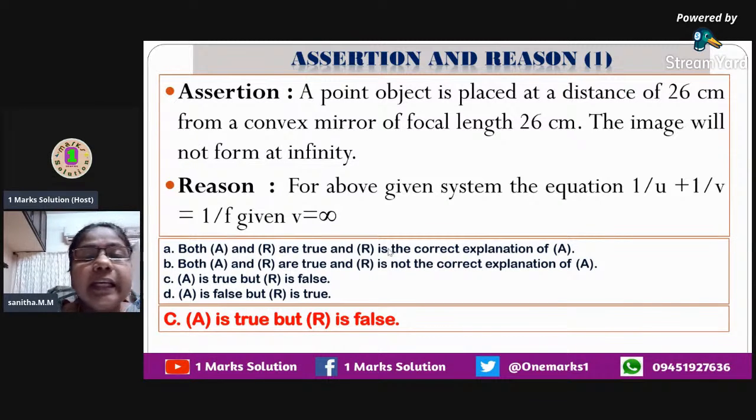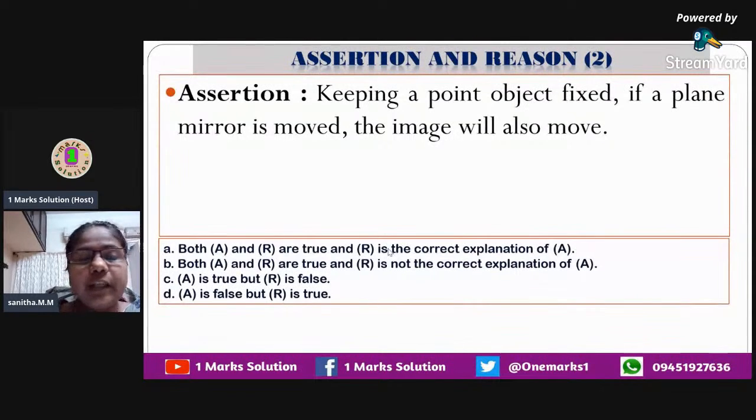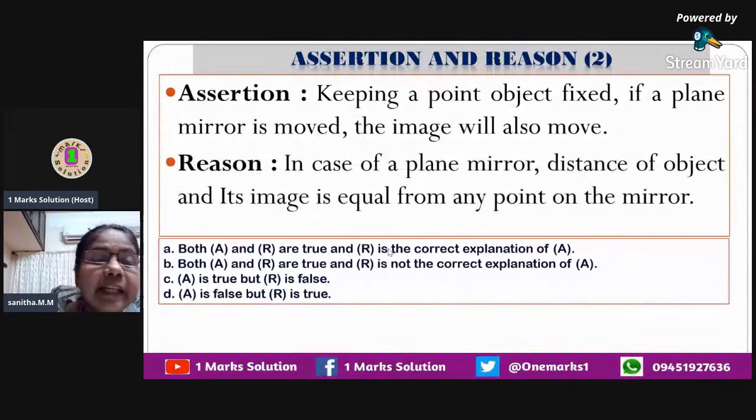Second one, you can see: keeping a point object fixed, if a plane mirror is moved, the image will also move. Is it like that? If you are keeping a point object, it will be there itself, and only the plane mirror is moved, the image will not move actually, isn't it? Reason. What is the reason behind it? In the case of a plane mirror, the distance of the object and its image is equal from any point on the mirror. This point you have to keep in mind.